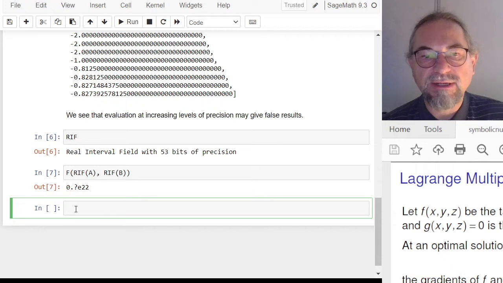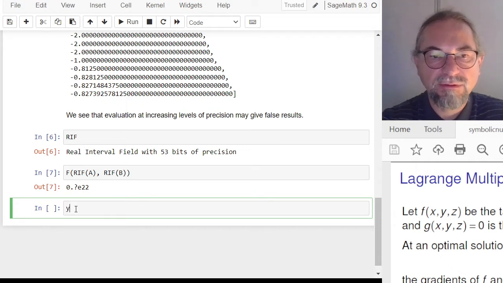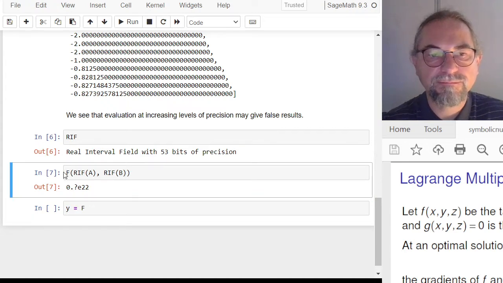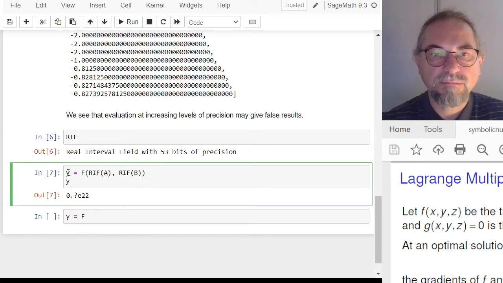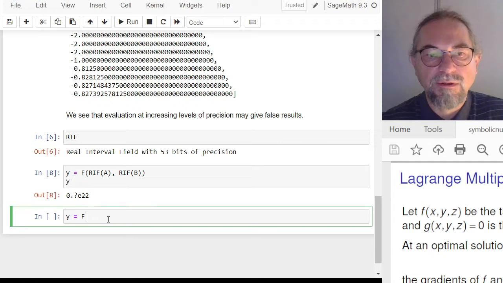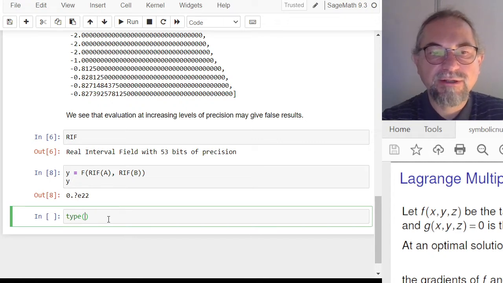Observe also that I can assign this. Perhaps I should have done this already. So let me change the cell. It's always good to check the type.